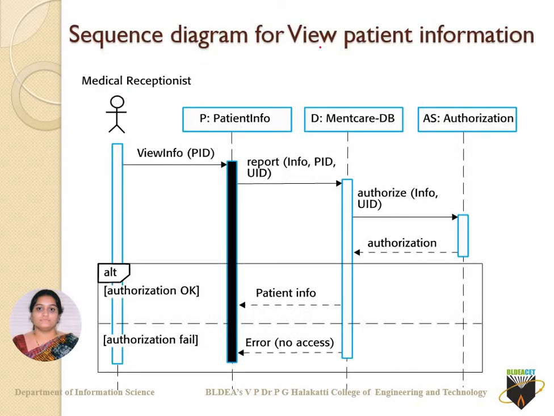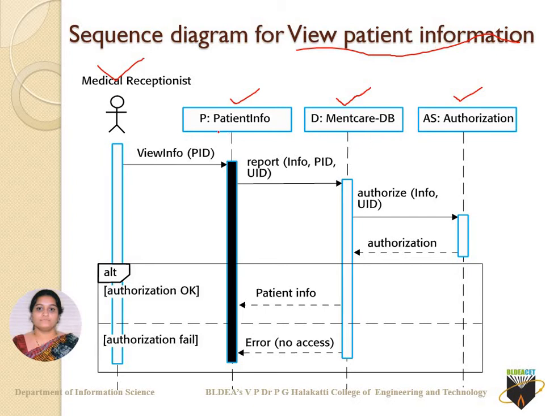This is for view patient information. This is what I am drawing the sequence diagram for. So at that time, who is the actor included? The medical receptionist. Who are the objects included? One is patient info, the Medicare database, then authorization. Whenever you are viewing patient information, you are viewing it from a Medicare database.